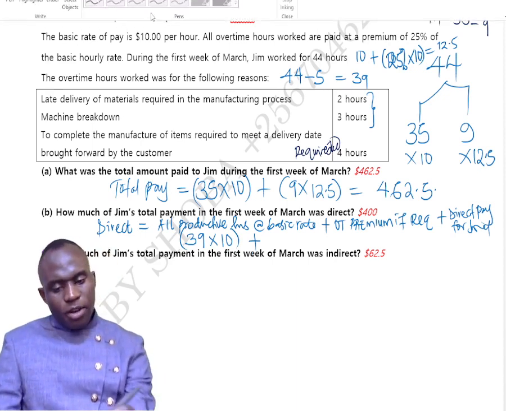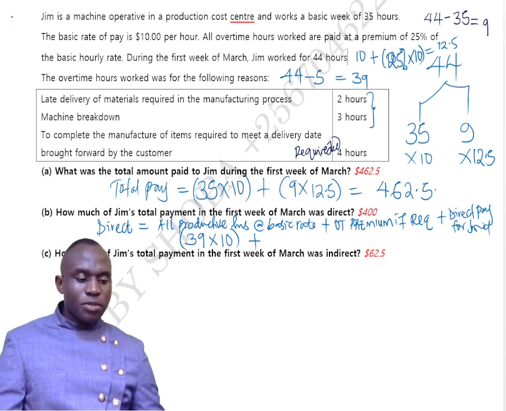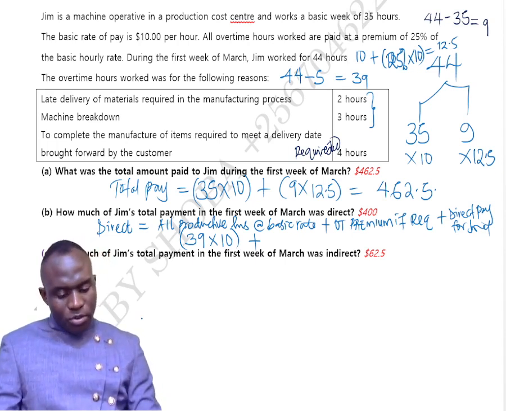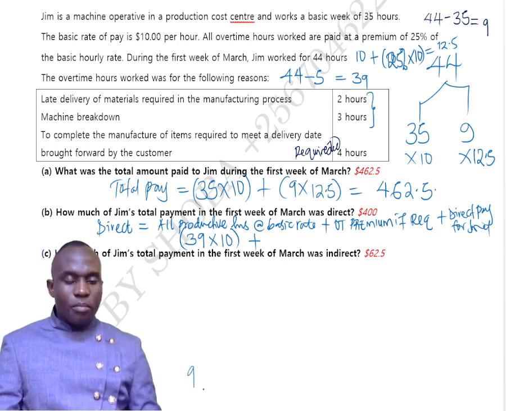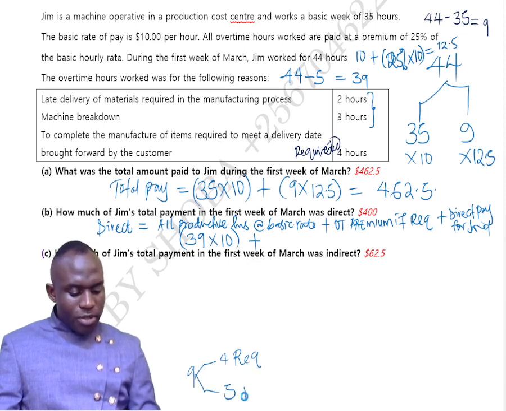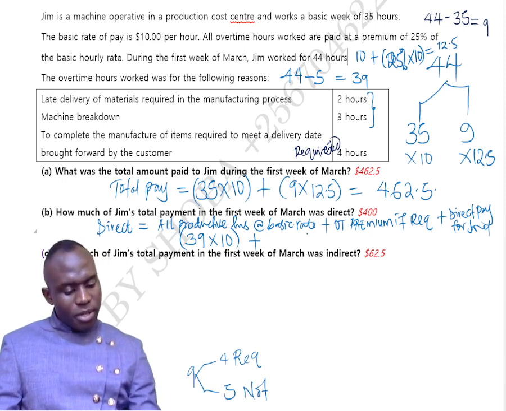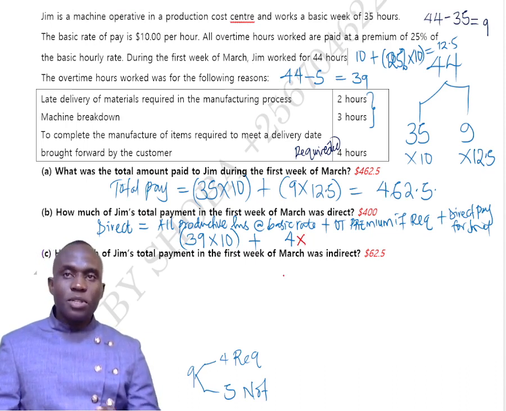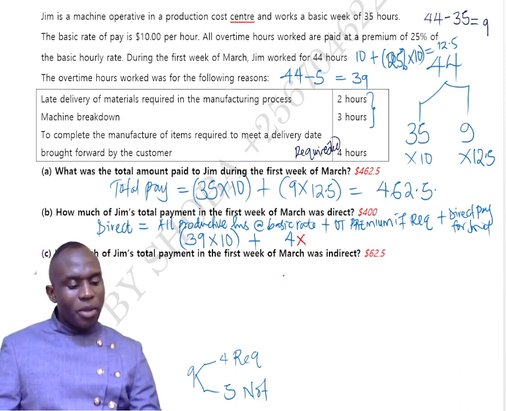So how much of the overtime was requested by a customer? Total overtime hours, there were 9 in total, but only 4 hours were requested. It means the 5 hours were not requested. So direct is what is requested. So it is 4 hours. Now I'm changing the color. 4 hours times, this is normally where the problem would be.